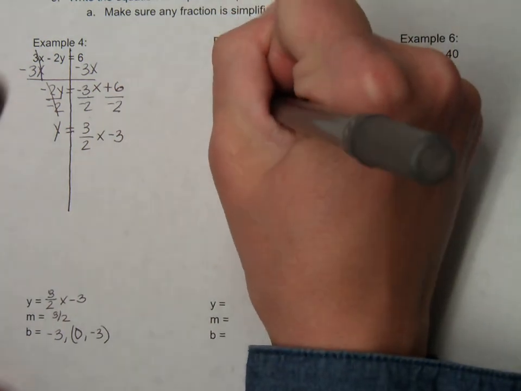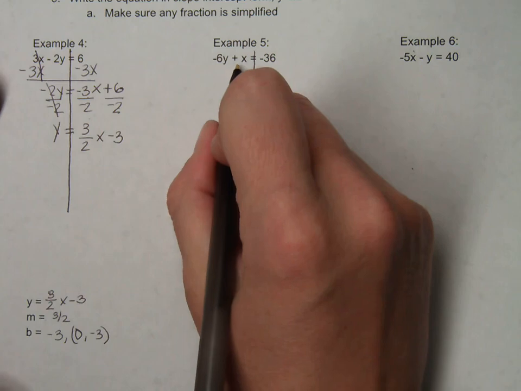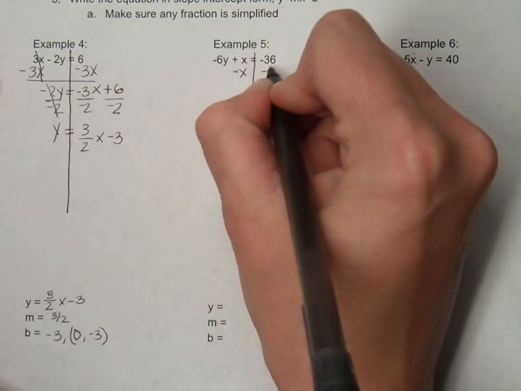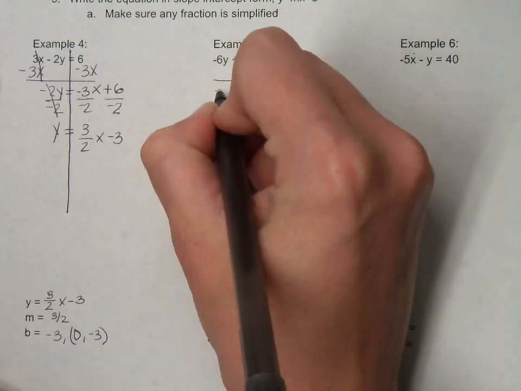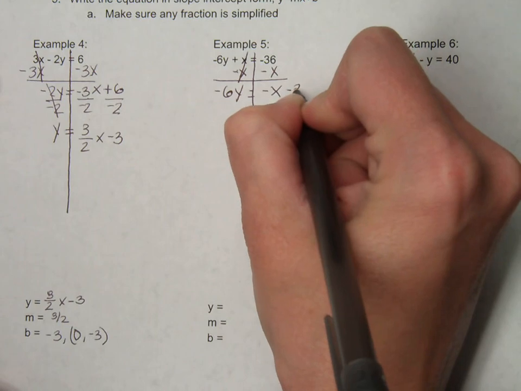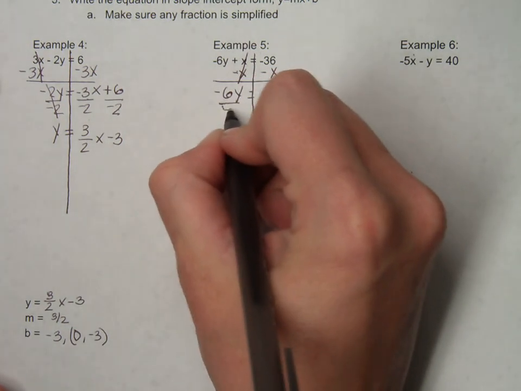Example 5: negative 6y plus x equals negative 36. We need to move x first, so since this is positive x, we subtract x on both sides. That gives me negative 6y equals negative x minus 36. Now we divide everything by negative 6.